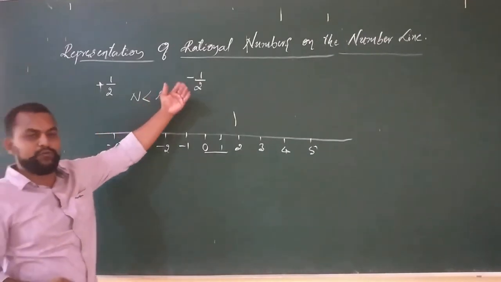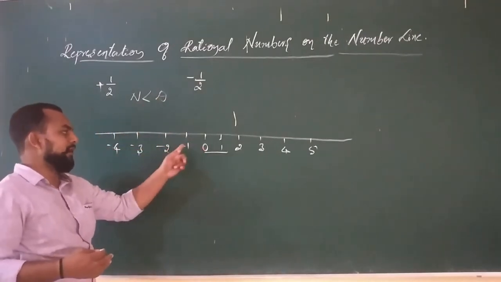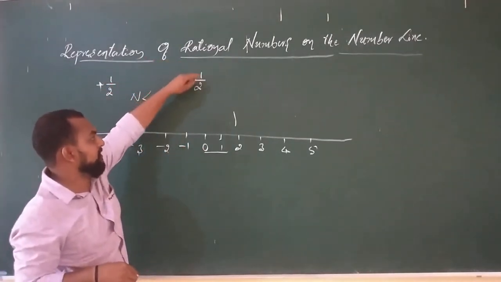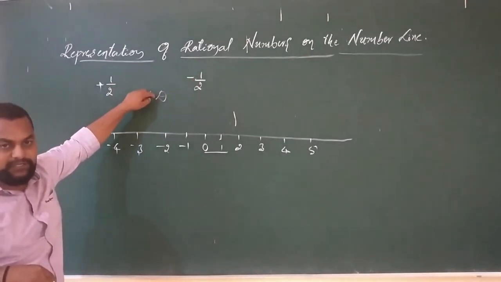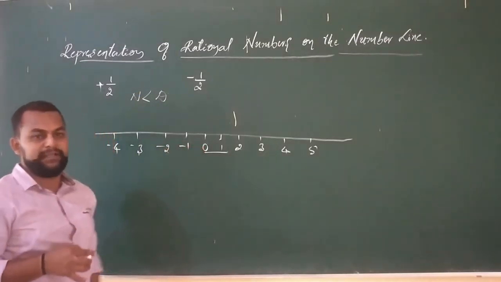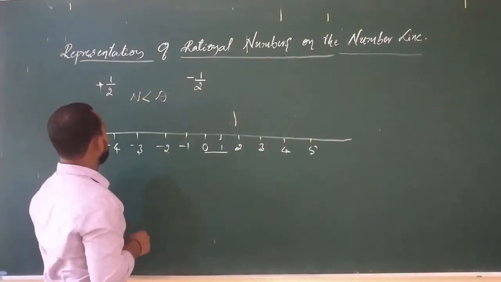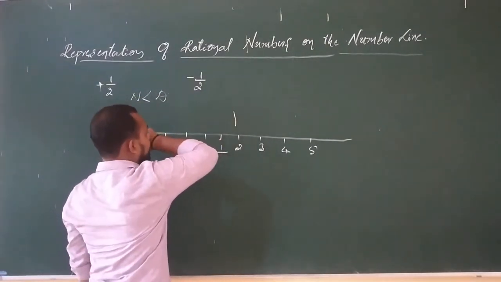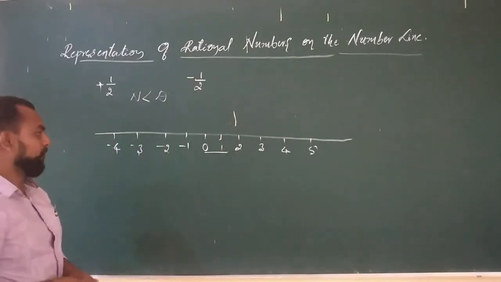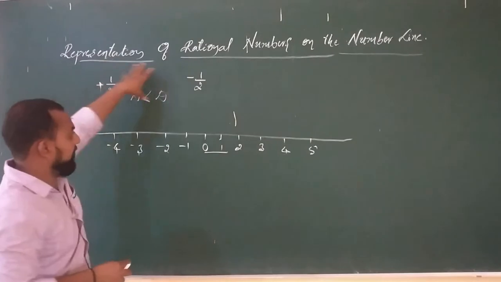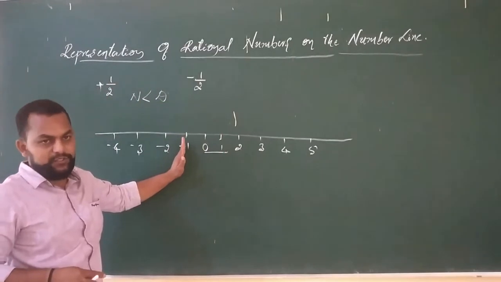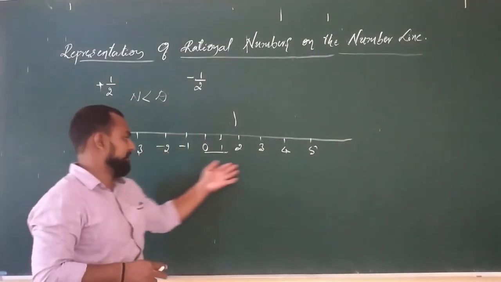It also lies between 0 and -1, because the numerator is lesser than the denominator. So 1 by 2 and -1 by 2 lie between 0 and 1, and 0 and -1.